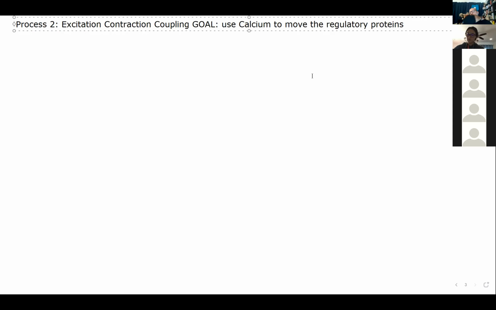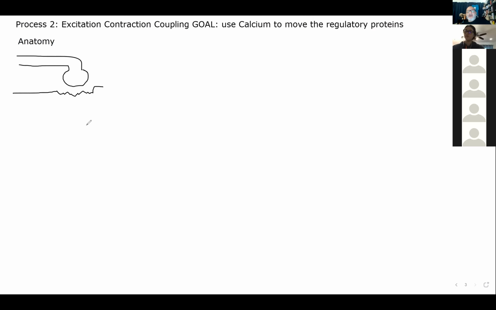Excellent. Once again, we need to start first with some anatomy. Now, up to this point in time, we have been focused at, oh, no, way too big of a line. Right, everything that happened before happened at that neuromuscular junction.